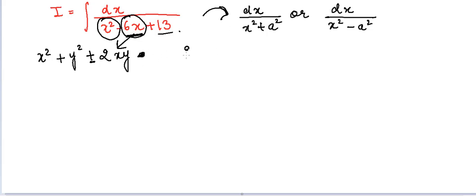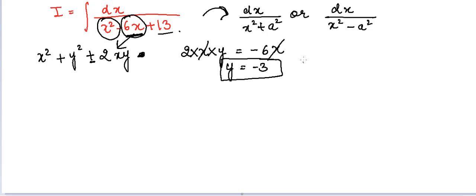You can write twice of x into y equals minus of 6x, so y is equal to minus 3. This is how you get the y. Now you need y square. So y square is minus 3 whole square, that is 9.